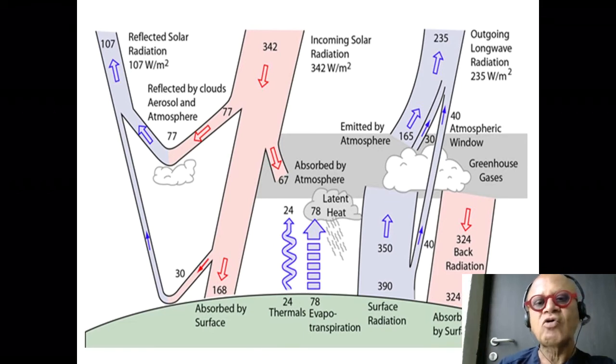But the long wave has a lot of bouncing around in the system. The energy that's coming to the surface is going to produce thermals, which means heated air that rises from the surface, evapotranspiration, which is basically evaporation mediated by vegetation, for example, and there is the latent heat released by water that's been evaporated and is condensing in the atmosphere.